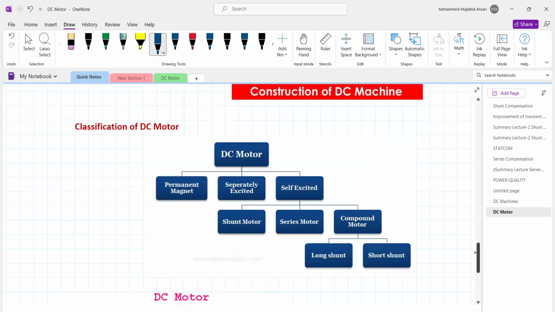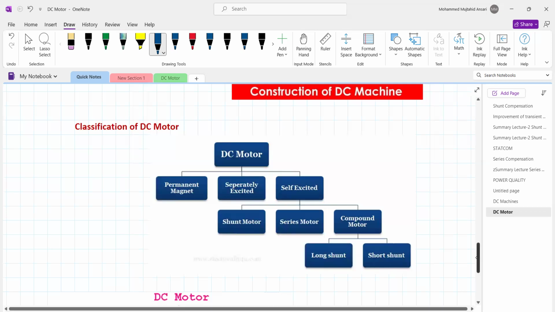Second is the separately excited motor, and third is the self-excited motor, similar to the DC generator: separately excited generator, self-excited generator. In the self-excited DC motor, again there is a classification: DC shunt motor, series motor, compound motor. In compound motor, long shunt compound and short shunt compound. The same classification as the DC generator.